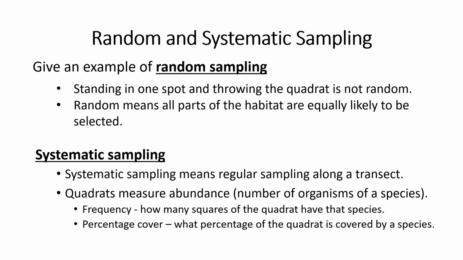However, if you're looking at something like a flowering plant or something slightly bigger, you may move on to frequency, which is how many individual organisms there are of that particular species inside the area. So it depends on what exactly you're sampling whether you use frequency or percentage cover.